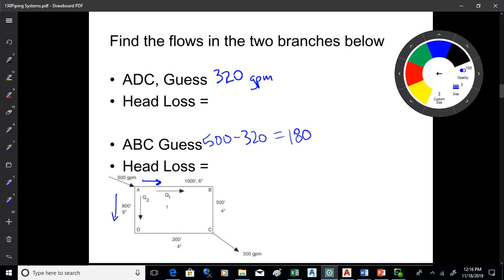All right, let's find the head loss in these different types of pipe now. That would be the next thing to do. So what do we got there? We've got both 4-inch and 6-inch. So from A to D to C, we've got 4-inch and we've got 6-inch. For the 4-inch, we're looking at 4-inch pipe, 320 gallons per minute. Looks to be 10.46 on page 108. So 10.46.